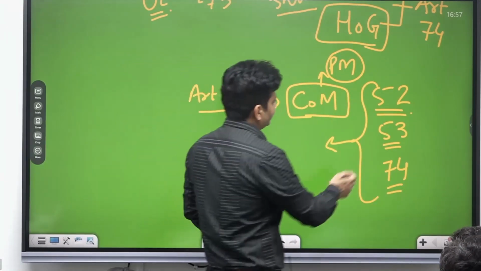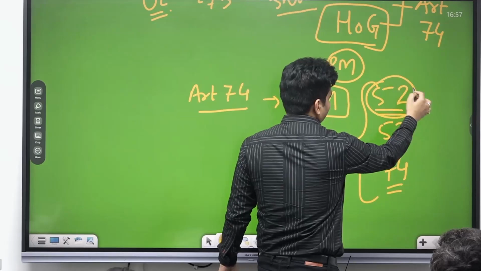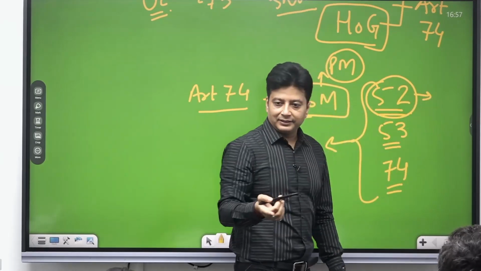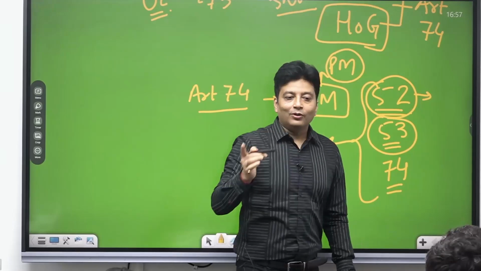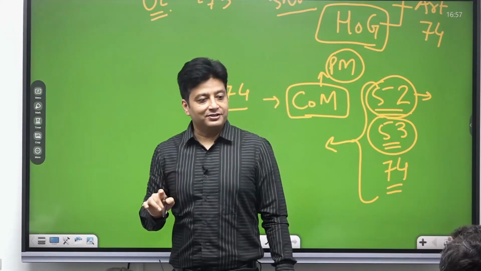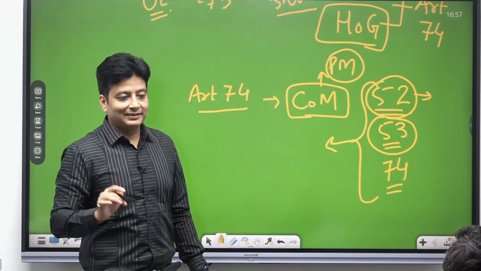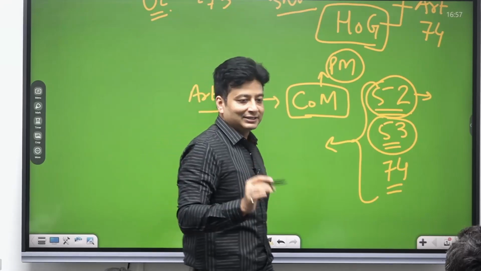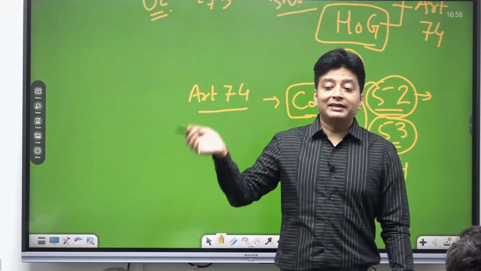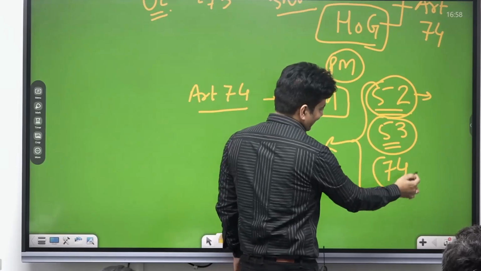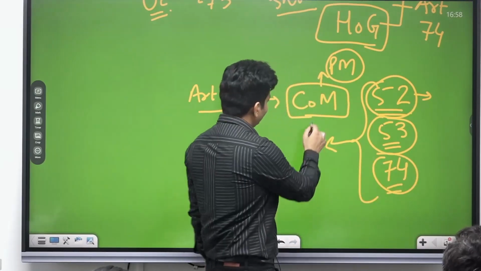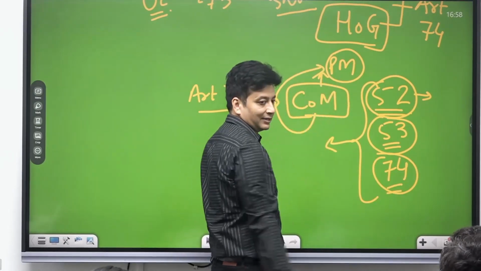Now, Article 52, as I told you, is saying that there shall be a President of India. Article 53 is saying that all the executive power shall be vested in the President, who is to be the Union Executive. All the work shall be done in the name of the President. But there is aid and advice available from the Council of Ministers headed by the PM.